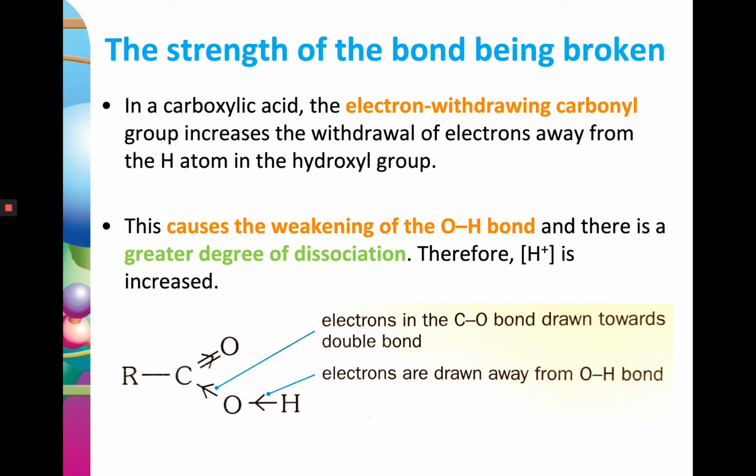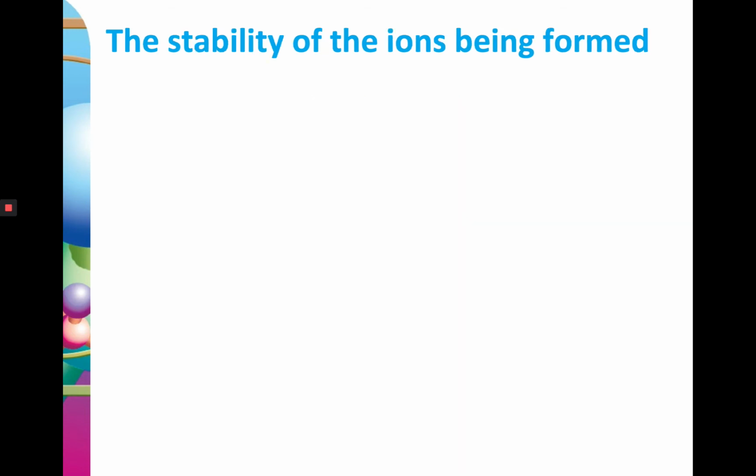So the strength of the bond being broken is a factor, but equally the stability of the ion being formed is a factor. And this is where, with the help of some evidence, there is our carboxylate ion. This is how we would typically write it if we were showing our equilibrium, doing structural formulae.